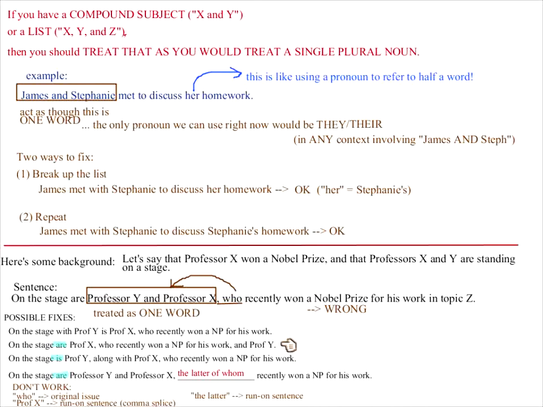The second one, the second fix. In the text box, what's the subject here? Yeah, because it's Professor X and Professor Y. So even though there's a modifier in there, you just ignore the modifier, and you have this compound subject which just happens to be interrupted.